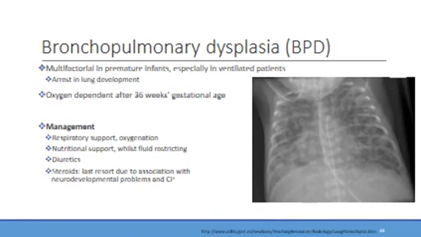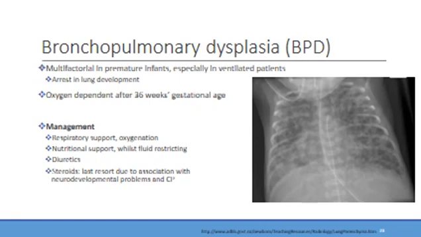Chronic lung disease is a non-specific term that indicates that various conditions have led to chronic respiratory compromise, whereas bronchopulmonary dysplasia is very specific to premature infants that usually had respiratory distress syndrome after birth. So BPD is multifactorial in preterm infants, but it's especially seen in babies with respiratory distress syndrome, and especially if they were ventilated.